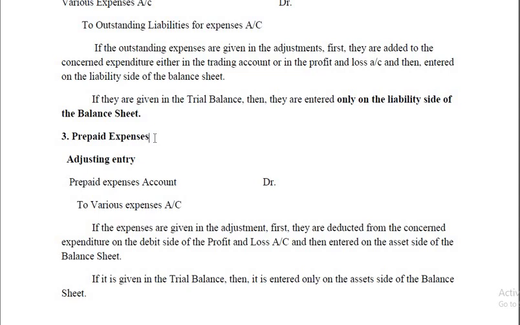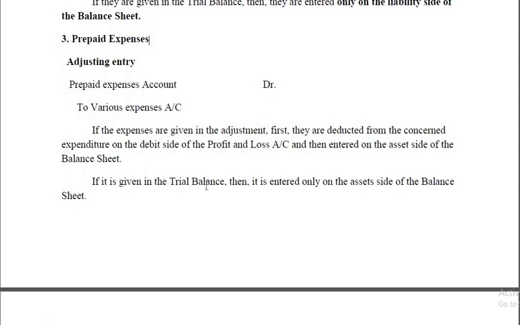If it is given in the trial balance, then it is entered only on the asset side of the balance sheet, because prepaid rent account or prepaid insurance account are all representative personal accounts, and personal accounts and real accounts come only in the balance sheet, while nominal accounts come to the trading and profit and loss account. Therefore, if it is given in the trial balance, it is entered only on the asset side of the balance sheet, because it is a personal account.